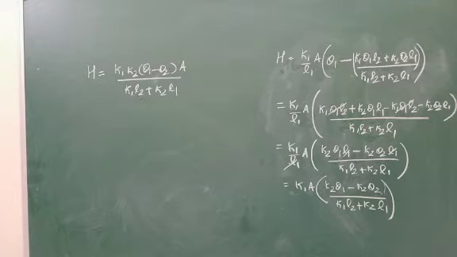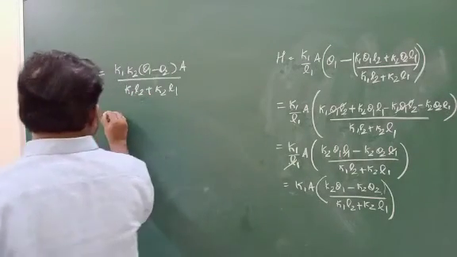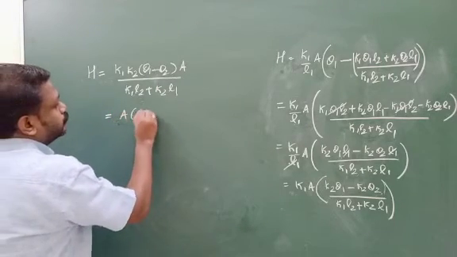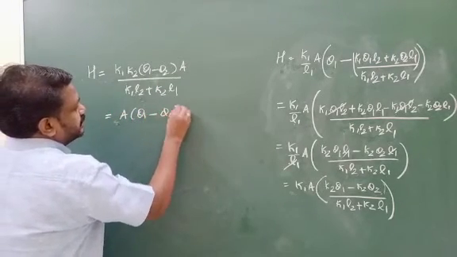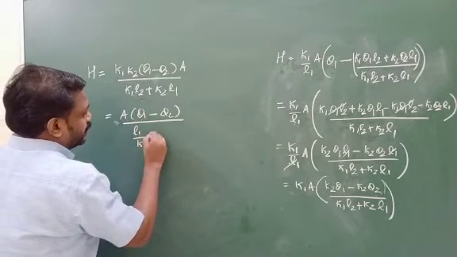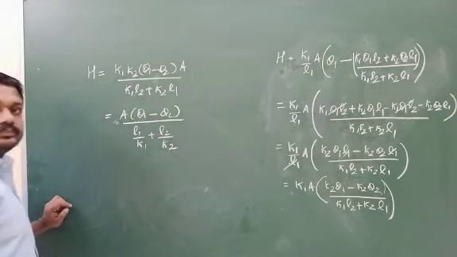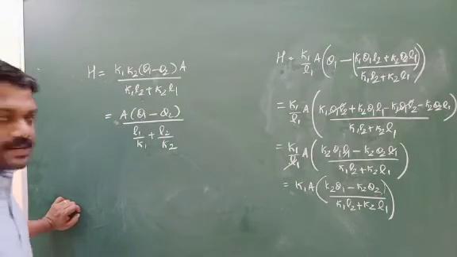So when you are rearranging that equation, you can write it as A into (theta 1 minus theta 2) divided by L1 by K1 plus L2 by K2. Is there any doubt in that step?